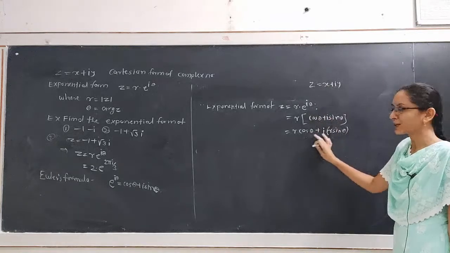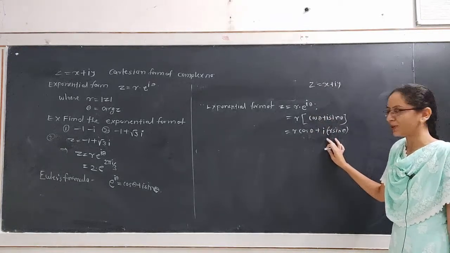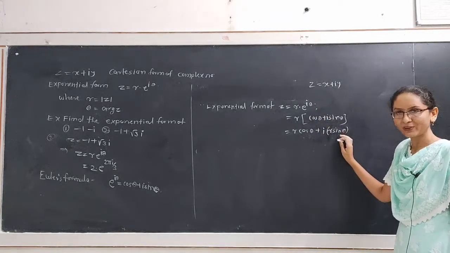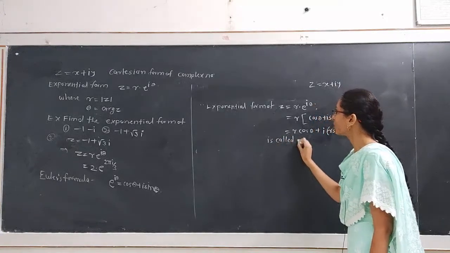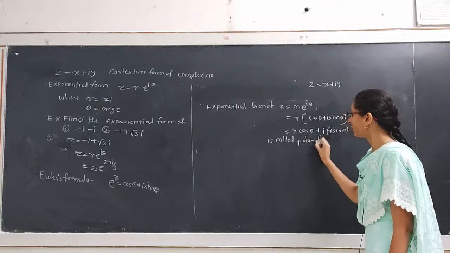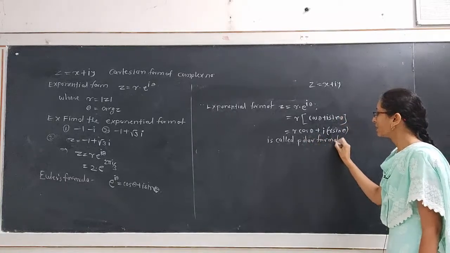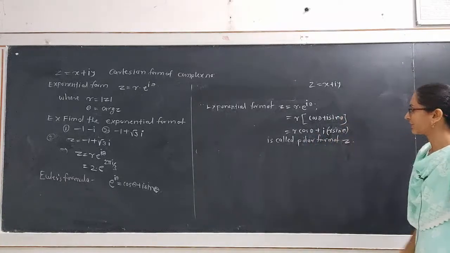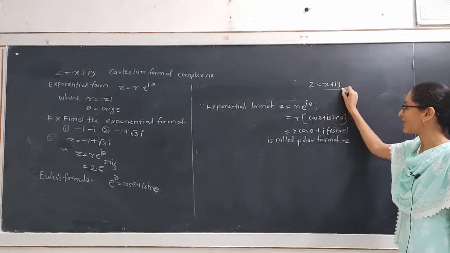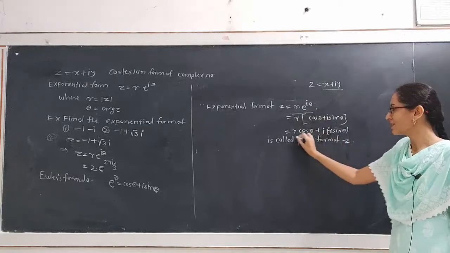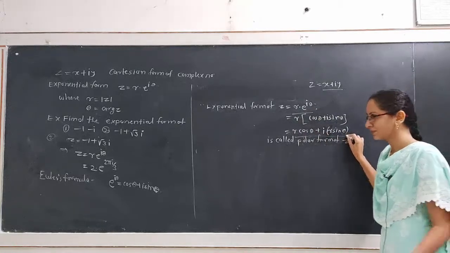After replacing with the polar coordinates, we get this form. Hence, this is called the polar form of the complex number z. Hence, we have three forms: first is Cartesian form, second is exponential form, and next is polar form of a complex number.